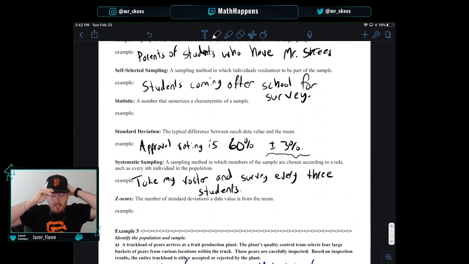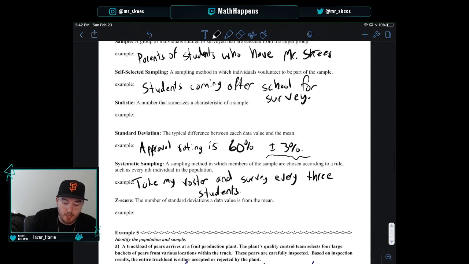So back to my example, DO parents are the population, and the parents of my students who were actually asked would be the sample.